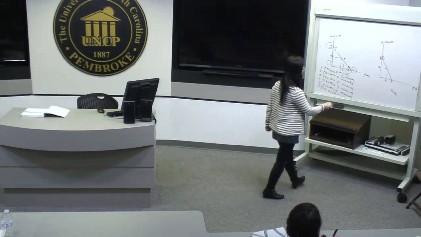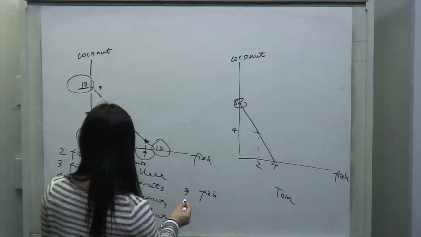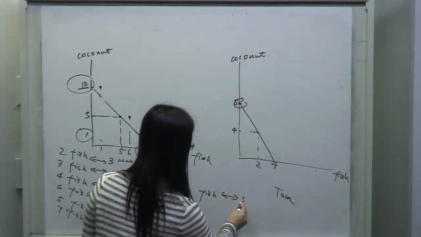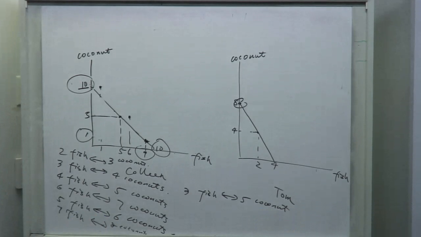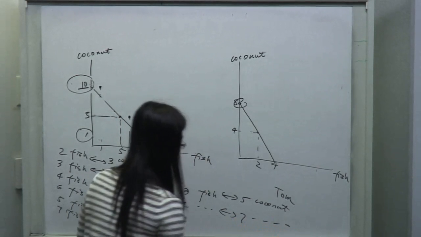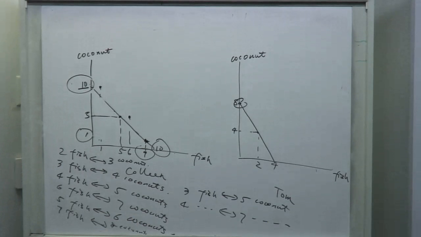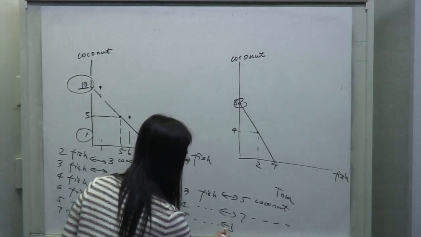How about this one? 3 fish for 5 coconut. 4 fish for 7 coconut. 5 fish for 8 coconut.